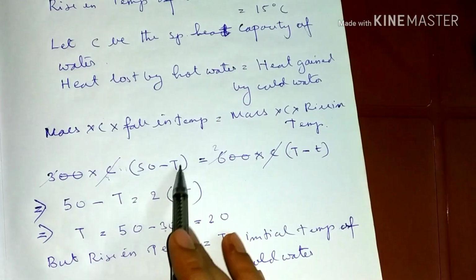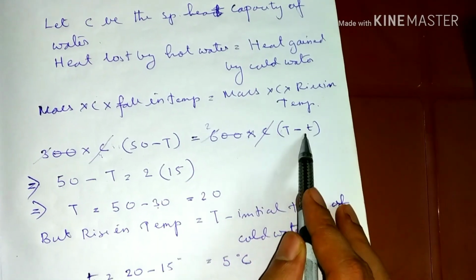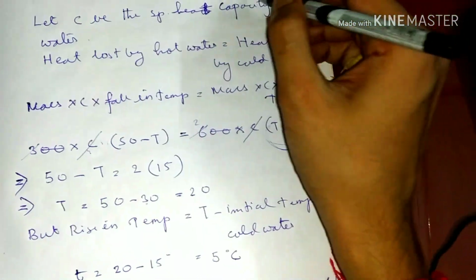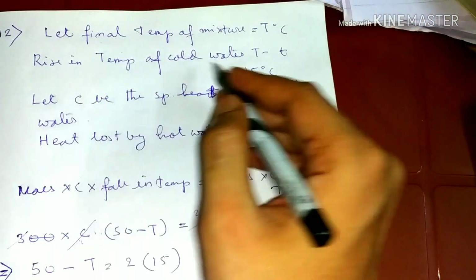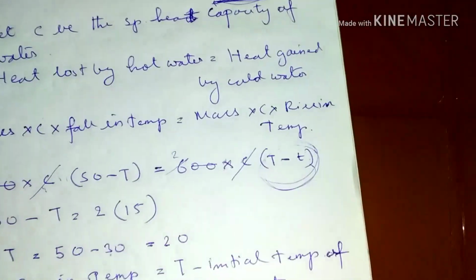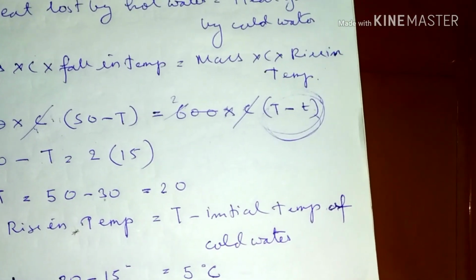What we are left with is 50 minus T, and here 2 into (T minus t). The rise in temperature was already given, that is 15 degrees Celsius. So 50 minus T is equal to 2 into 15.